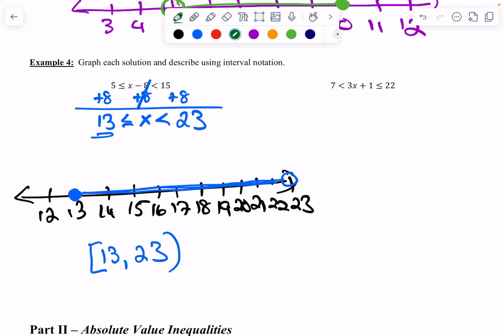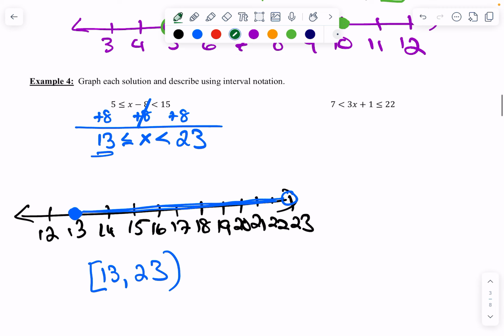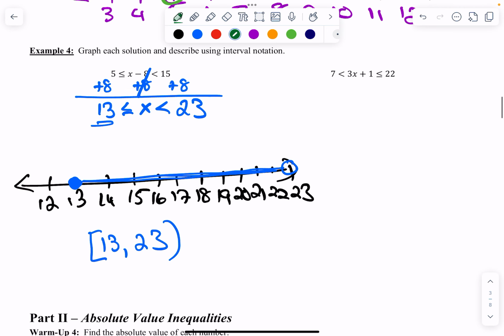Okay, next one here. We have 7 is less than 3x plus 1 is less than or equal to 22. Same thing here. We need to subtract 1 from all the different sides of the inequality sign to keep it balanced, equal.